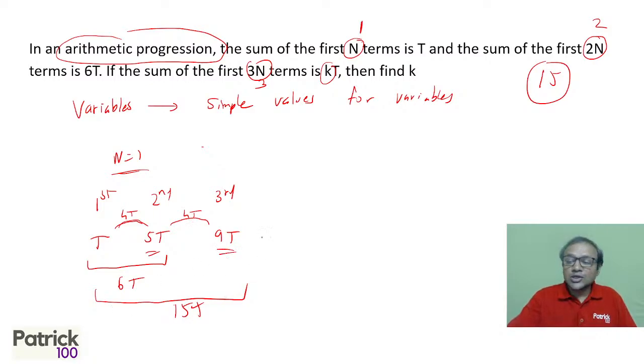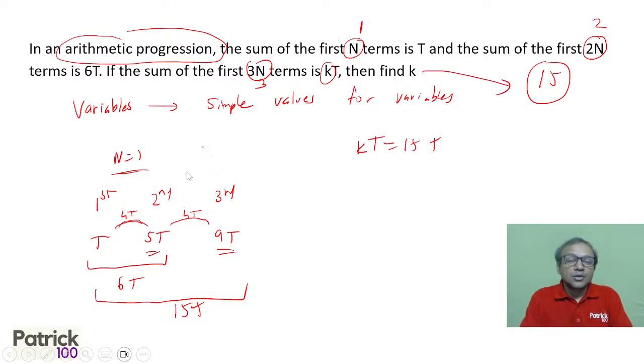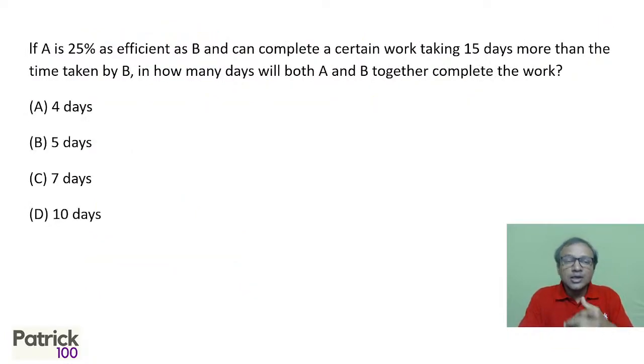So the sum of the first three terms becomes 15t, which means kt will become 15t, or k will become 15. That will be the answer. So remember this rule. I'll use this rule again maybe in a few sums that will come later. But yes, it has been used regularly in the CAT examination, and you can solve this.